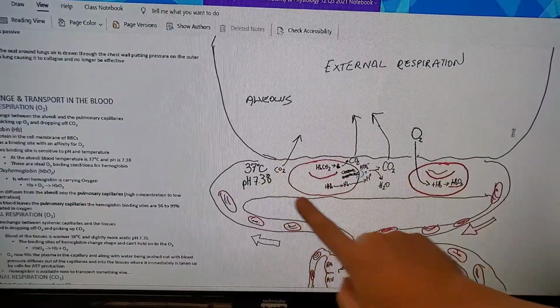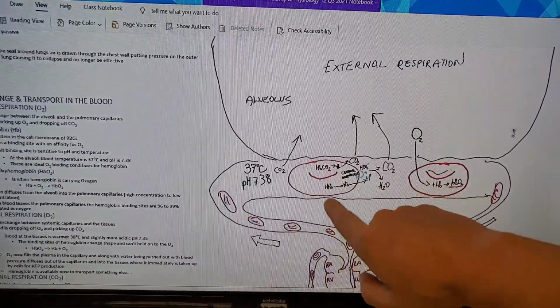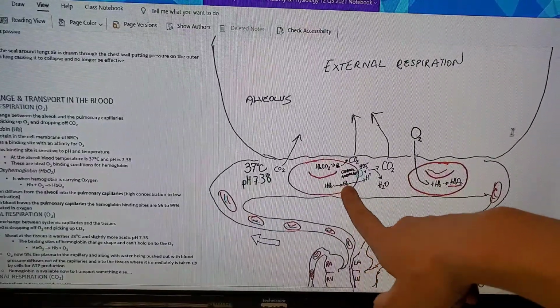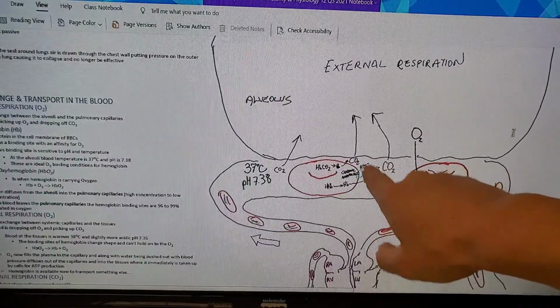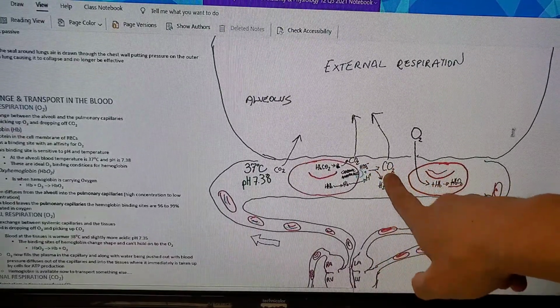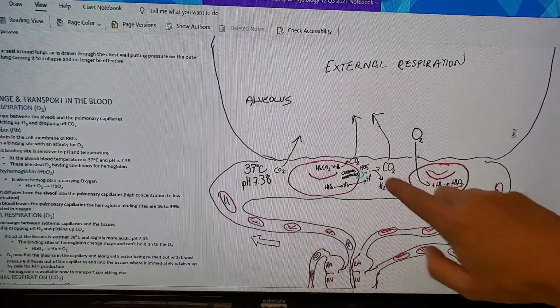And now the plasma here, because hemoglobin has let go of the CO2, hemoglobin has let go of that hydrogen, carbonic anhydrase has turned that hydrogen and the bicarbonate into more CO2. Now there's lots of CO2 inside the plasma in this capillary.